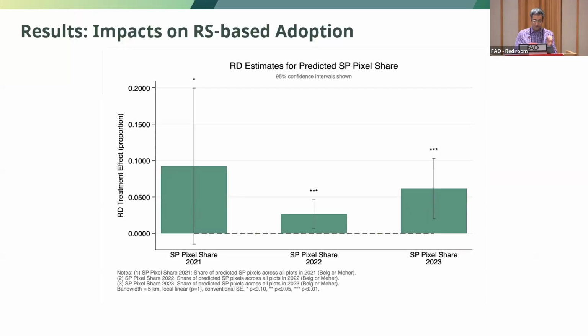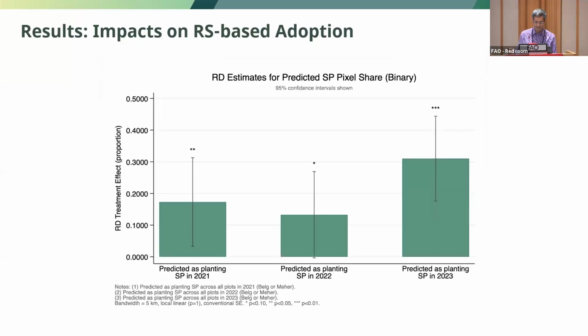What's interesting is that we get similar results on some dimensions and different ones on others from the ground data, the survey data that we mentioned before. This is for the overall pixel share that's predicted to be sweet potato. And this is whether or not the pixel is predicted to be fully sweet potato or not.